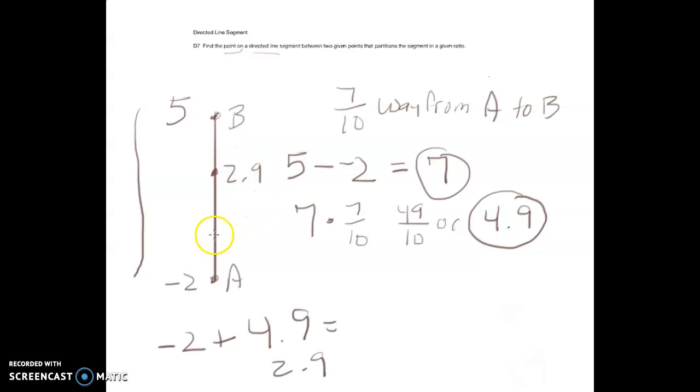Now someone says, well, how do you know that? Well, let's see, there's 7, so I'm going to guesstimate 1, 2, 3, 4, 5, 6, 7. Okay, that'll be -1, 0, 1, 2, 3, 4, 5.